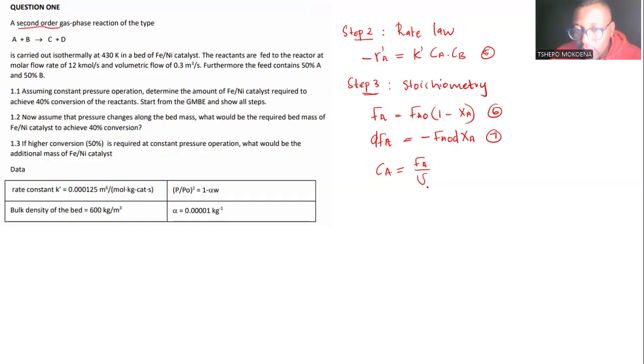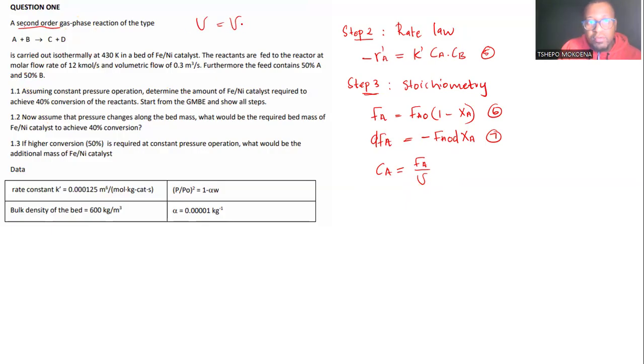So in this case, by the way, the volume won't be constant. The volume will be affected. Why? Because we have a gas phase reaction. So the volume won't remain the same throughout, unlike if we had a liquid phase reaction. So this volume will look like this.